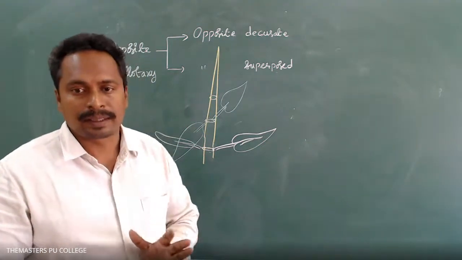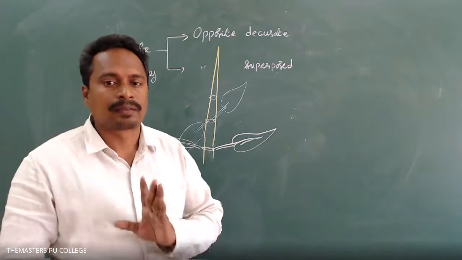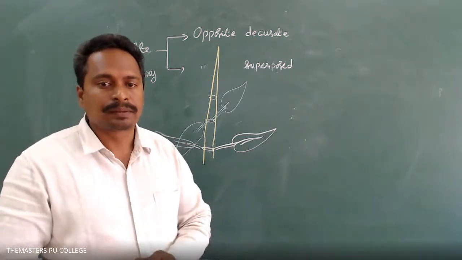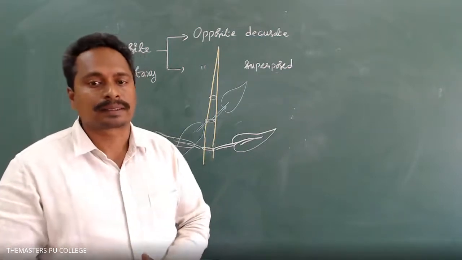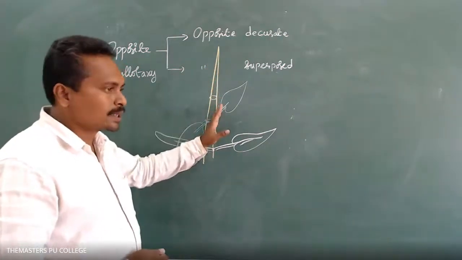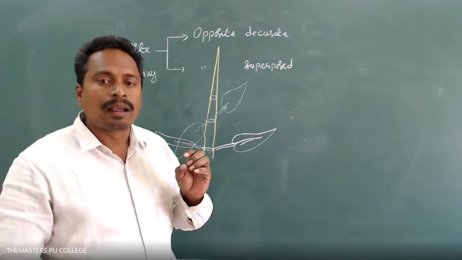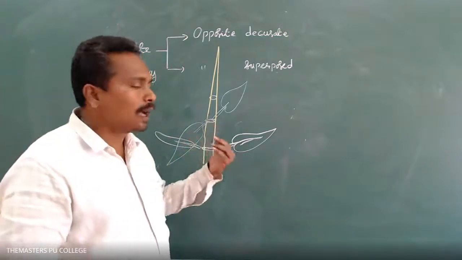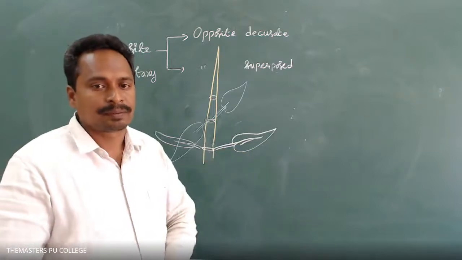The main types given are alternate, opposite, and whorled or cyclic. Subtypes are not required. So opposite decussate means one pair of leaves is arranged at a right angle to the pair at the successive node. Is it clear?